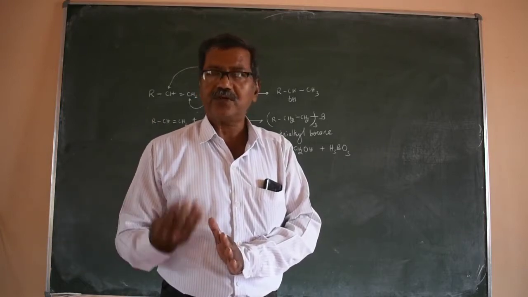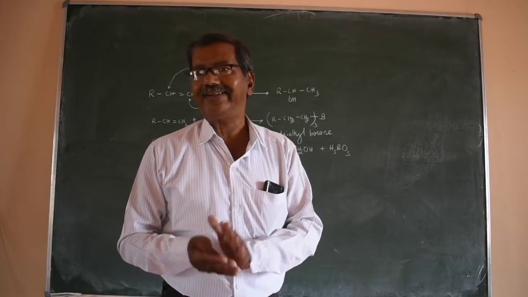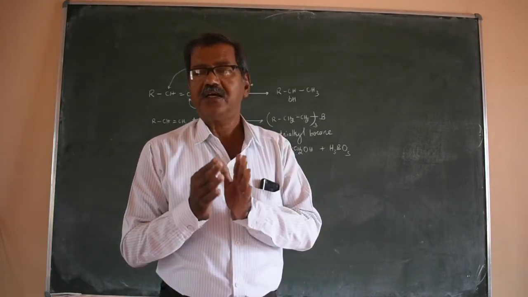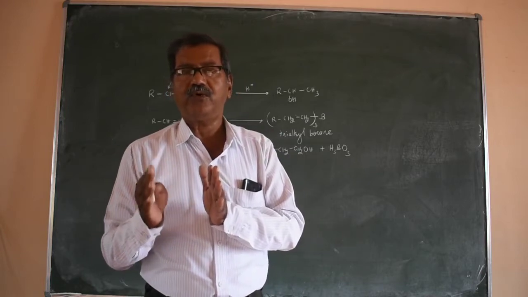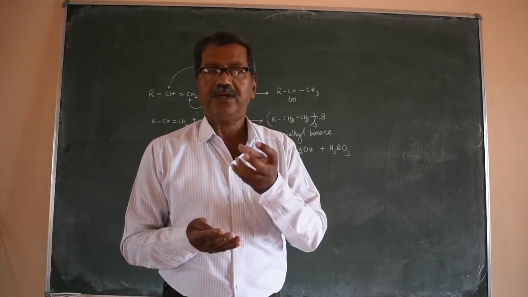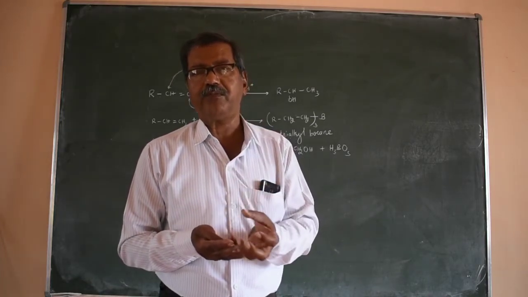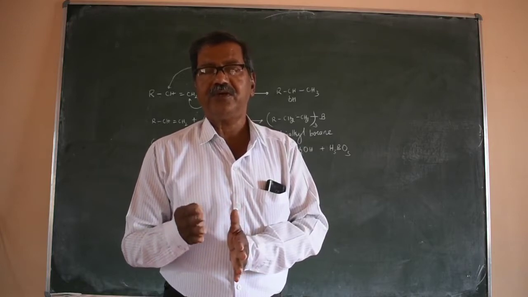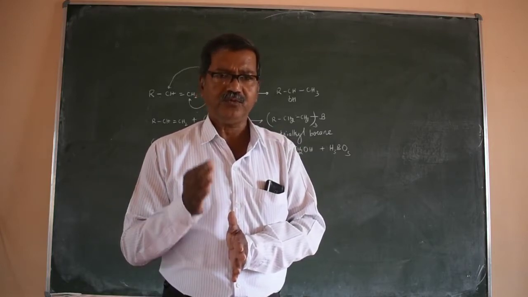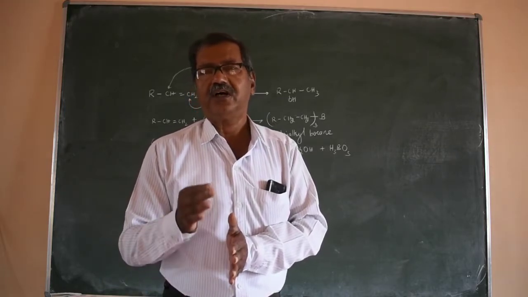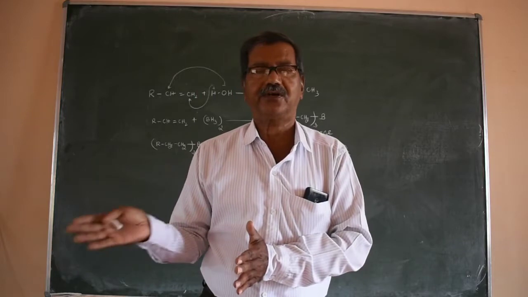We can also convert carboxylic acid, that's also a carbonyl compound, RC double bond OH, into the alcohol. But here we need a strong or powerful reducing agent like lithium aluminum hydride. Only by using LiAlH4 we can convert carboxylic acid into alcohol.